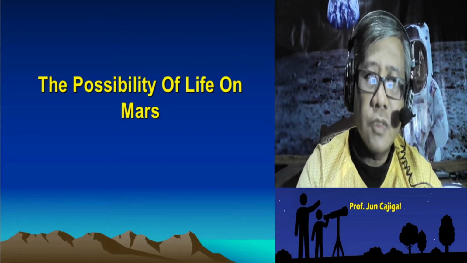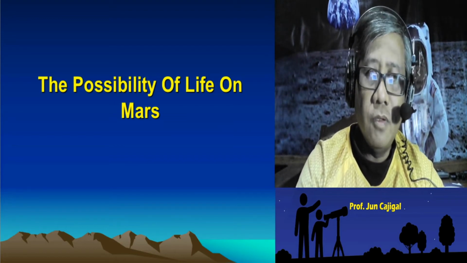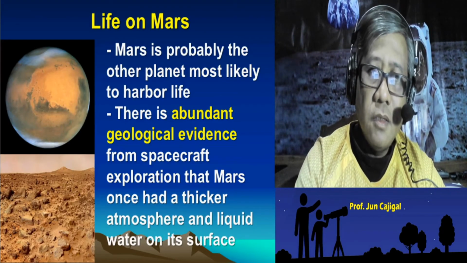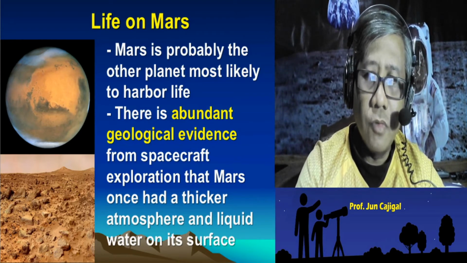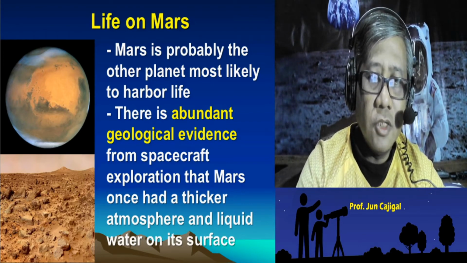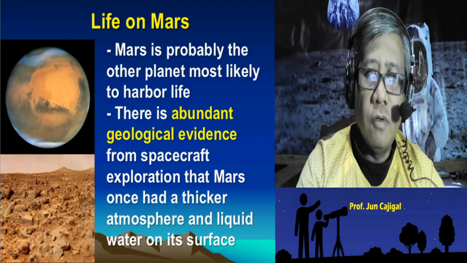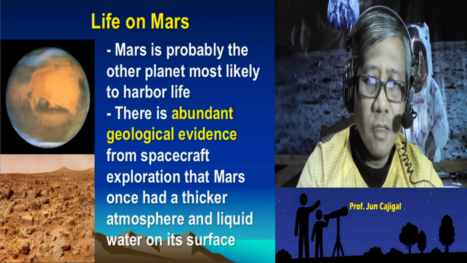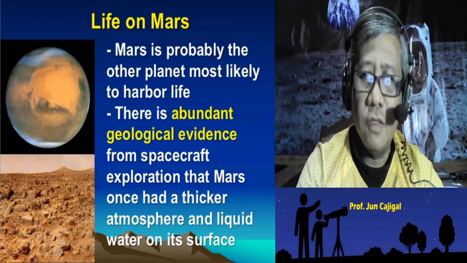Okay, let's focus now on the planet Mars, the possibility of life on the planet Mars. Okay, now Mars is probably the planet that is most likely to harbor life. Okay, bakit? There's abundant geologic evidence from space probes that Mars once had a thicker atmosphere and liquid water on its surface.